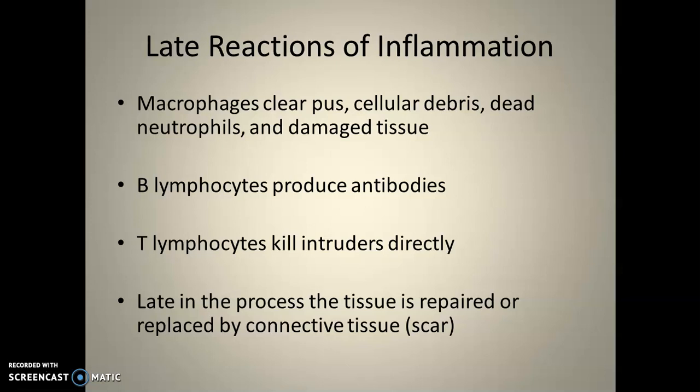The late stages of inflammation are going to be phagocytosis, so macrophages and neutrophils are engulfing the invading pathogens, destroying them. B cells and T cells are going to get in the fight.